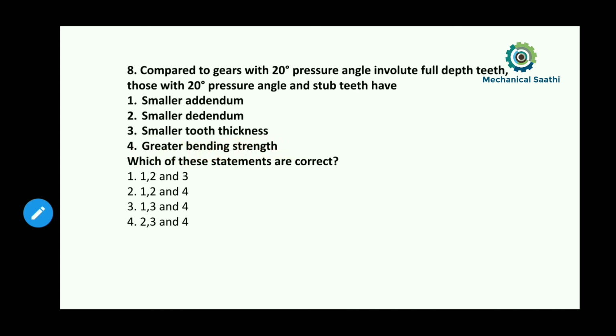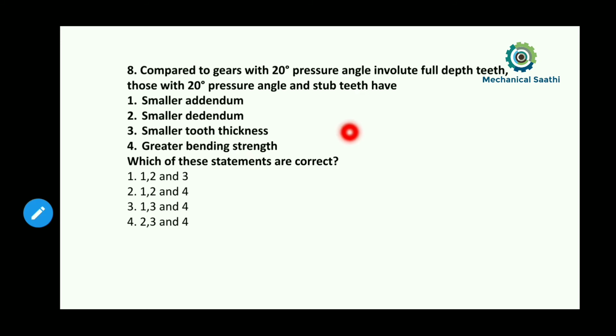Obviously, if the addendum and the dedendum are small in the case of stub teeth, then to avoid interference we need to decrease the size or number of teeth of the pinion. So to avoid interference, we have to decrease the number of teeth or the size of the pinion.